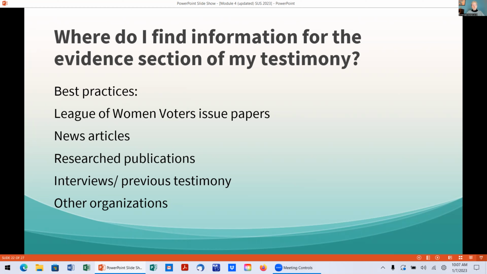Sometimes researched publications can provide you with good information and facts. Interviews, previous testimony, or even discussion with your friends and neighbors can be a good source of facts and stories. Most professional organizations or advocacy groups, dare I say it, lobby efforts, have papers where you can find positions and get supporting information. You just want to be sure that they're a reputable one.